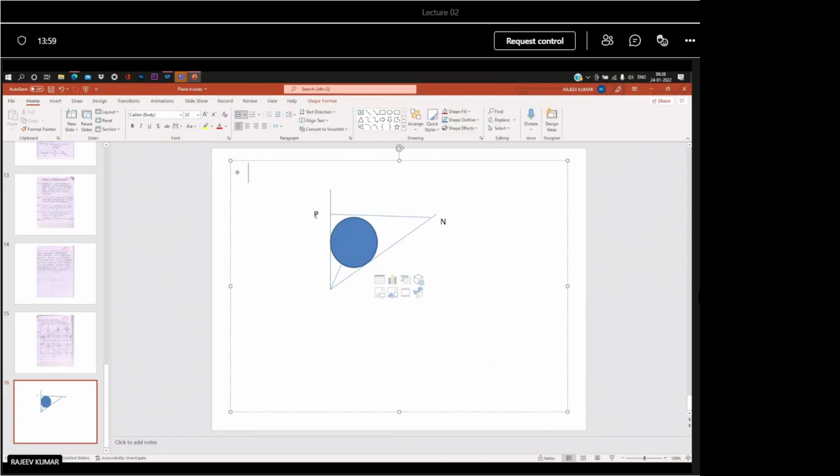Sir, radius how much? Radius 18 centimeter. Is supported by a pair of brackets. Okay. One minute.